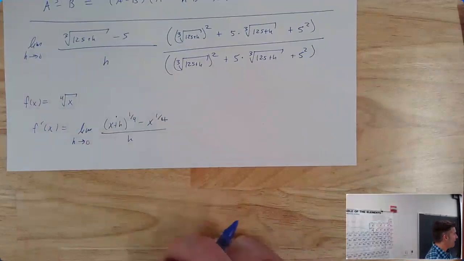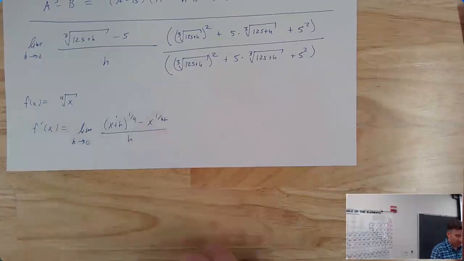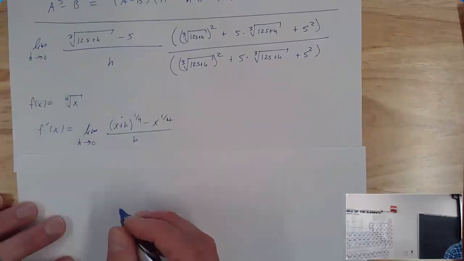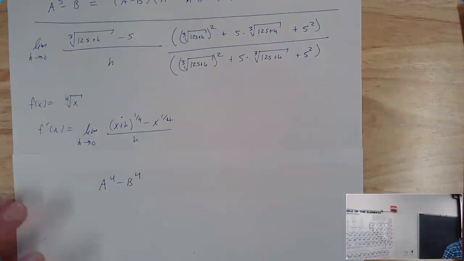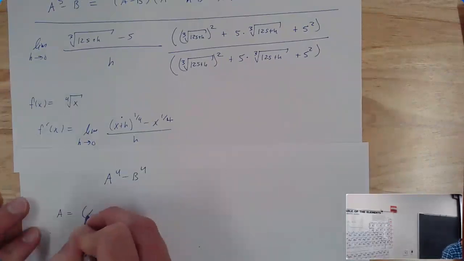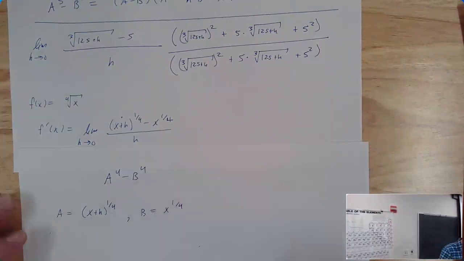What I'm trying to reconstitute here is something to the 4th power minus something to the 4th power, because I want to get rid of that 1/4 power, and the way to get rid of it is by having a 4th power. So eventually I want to get a to the fourth minus b to the fourth, where my a is x plus h to the 1/4 power, and my b is x to the 1/4 power.